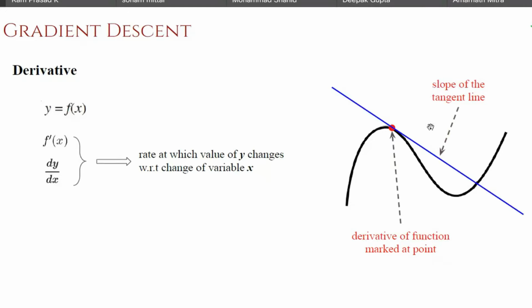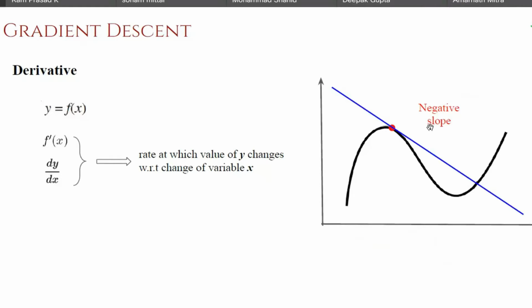Now we need to understand a couple of concepts in this context. What do you mean by a negative slope and what do you mean by a positive slope? The slope can be negative, positive, or zero.